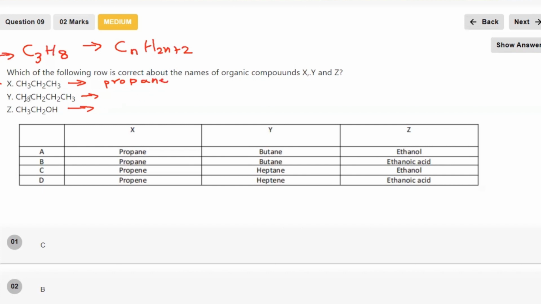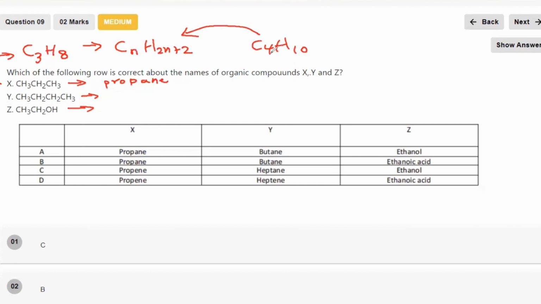And then we have Y. Y has 1, 2, 3, 4 carbons. It has 4 carbons. And how many hydrogens? 3, 4, 5, 6, 7, 8, 9, 10. 10 hydrogens. This is still abiding by the same general formula of an alkane.